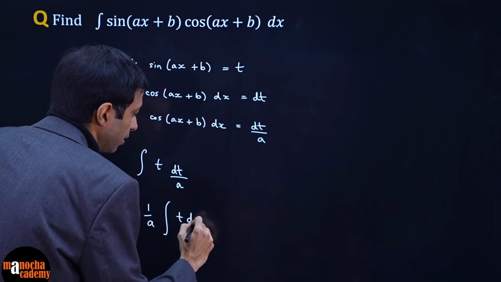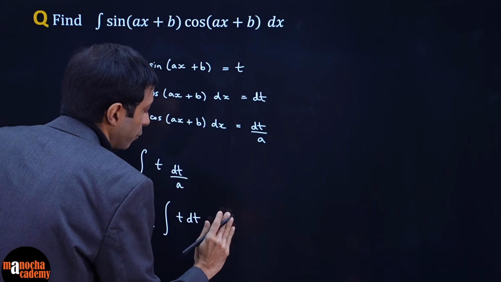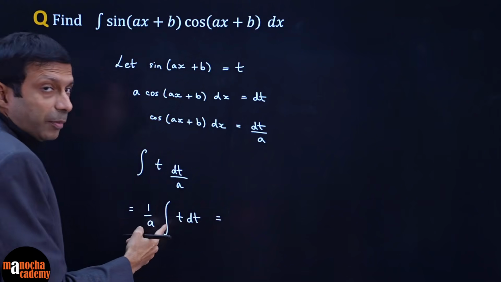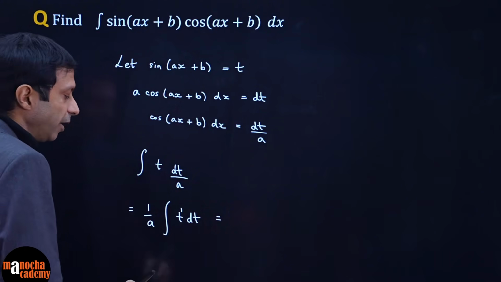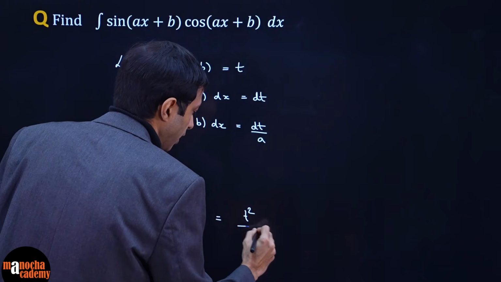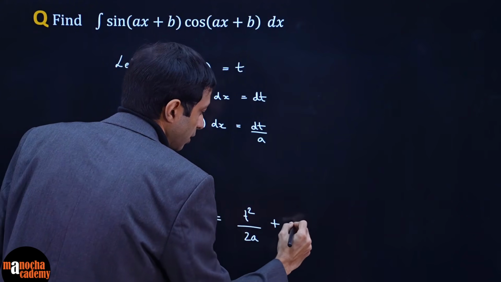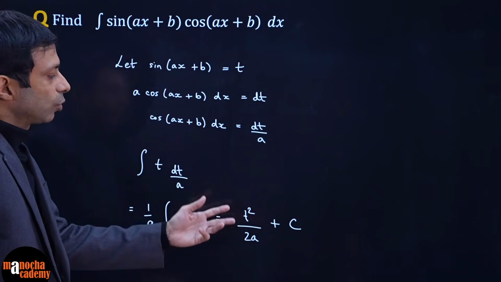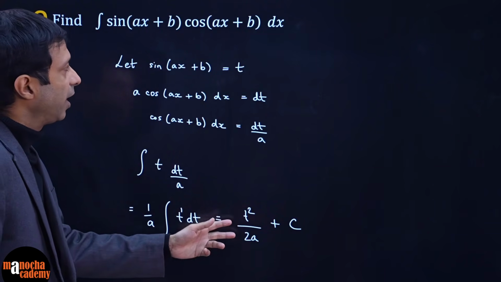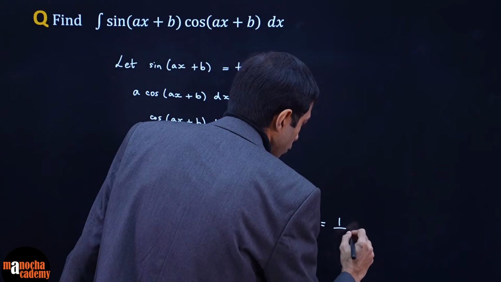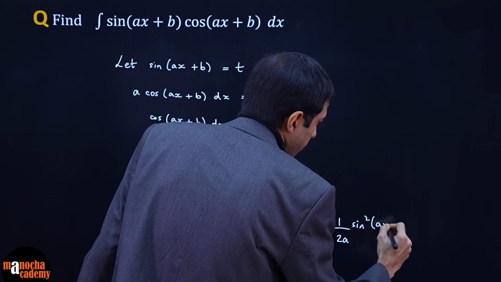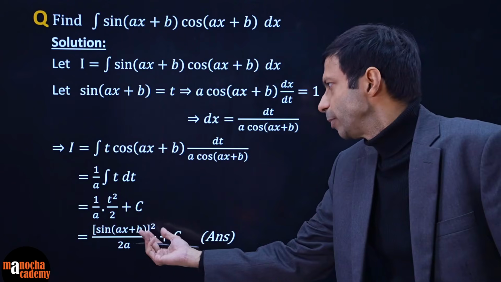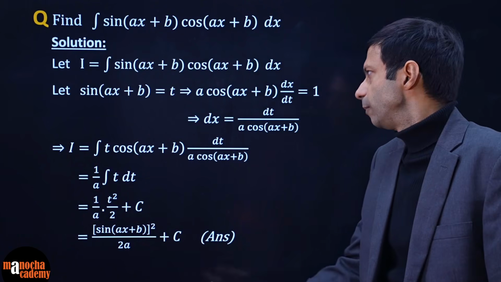Integration of t dt is nothing but t square by 2, because t means t to the power 1. So we'll get t square divided by 2a plus your constant, and t, remember, is this guy. So that's your answer: 1 by 2a sine square ax plus b plus the constant. Sine ax plus b whole square means sine square ax plus b.